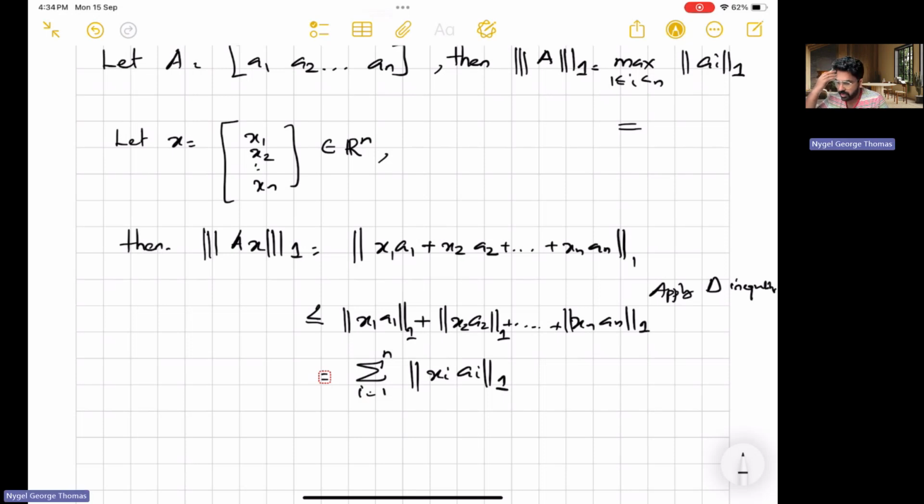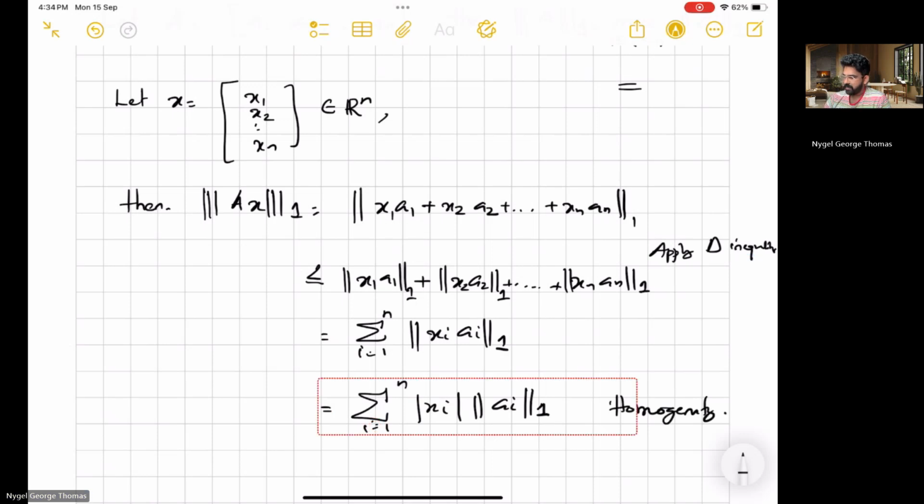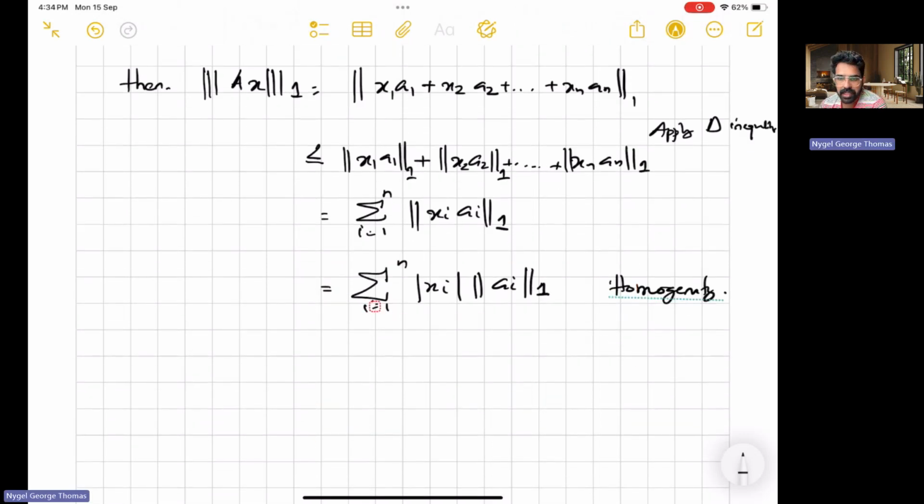So by homogeneity, you can take out xi. This is equal to the sum over i equal to 1 to n of the modulus of xi times the norm of ai. This is by homogeneity. So I think till this step, it's clear.